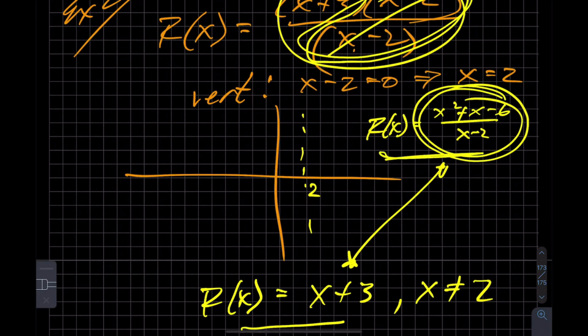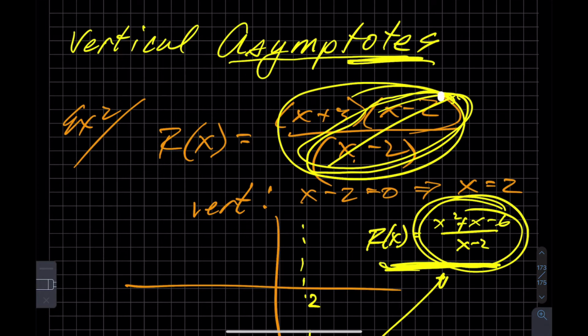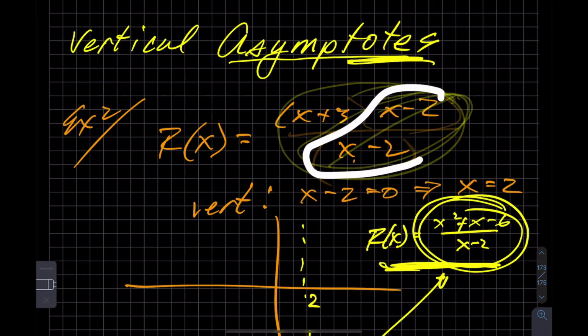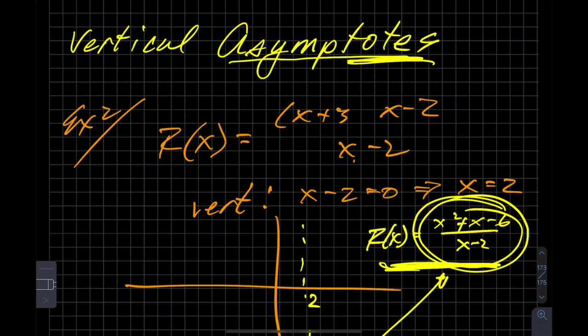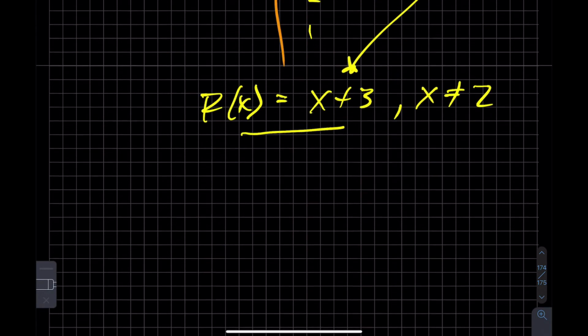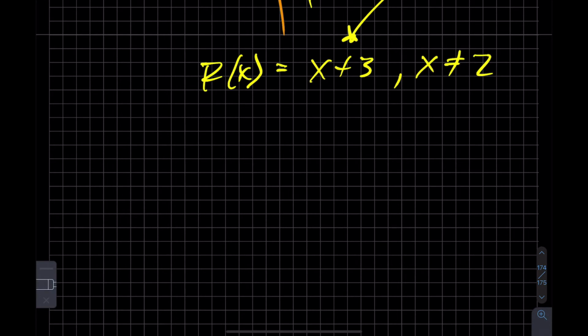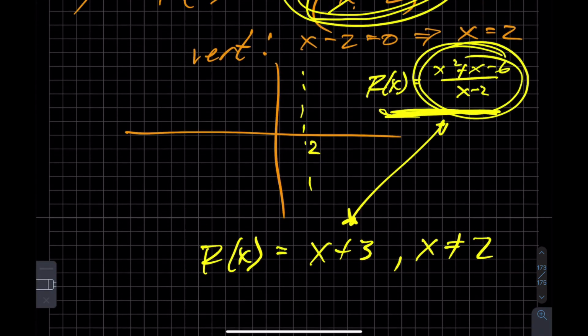So this, to us, looks like one of these crazy things. But this particular one, because I have this factoring, canceling, equaling 1 type of thing, it is not one of these with an asymptote.